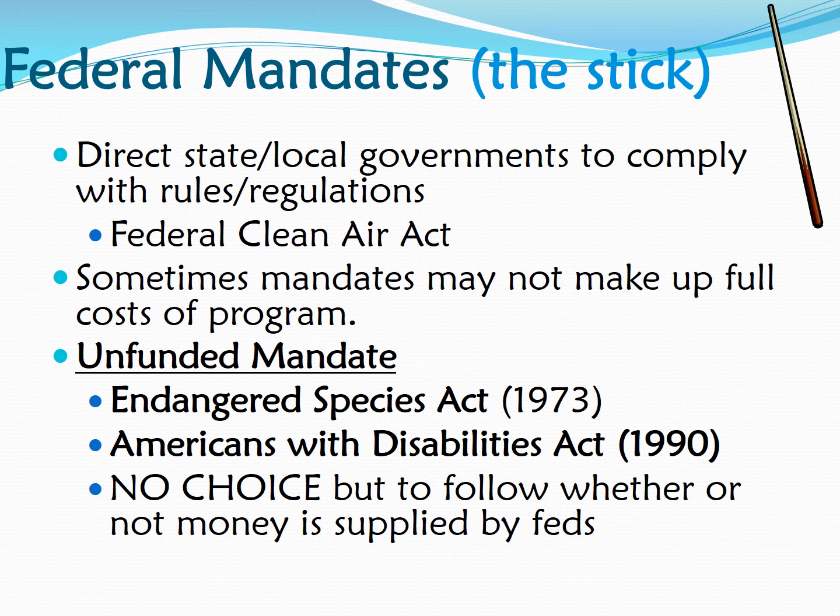That's why we say that mandates typically tend to be unfunded. Some of the most notable unfunded mandates are the Endangered Species Act and the Americans with Disabilities Act. In this case, the states have no choice but to follow the rules and regulations of the federal government, whether or not the federal government has decided to give them money to absorb those costs.